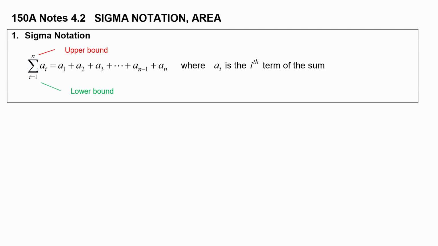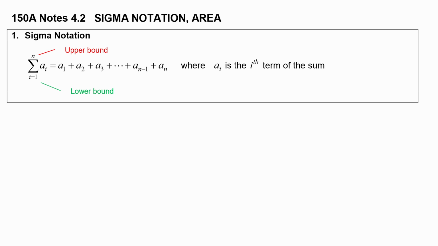And what this means to do, a summation from i equals 1 to n of a sub i, means you're going to take a1 plus a2 plus a3 plus and so on, plus a sub n minus 1 plus a sub n. So you go all the way to the upper bound.